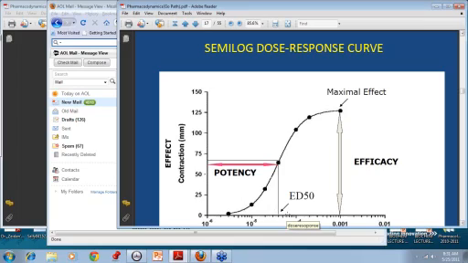And in this manner, you can compare ED50 for more than one drug, right? By looking at this curve, that's what you want to achieve essentially. Why do you have to go through all of this hassle? Because you want to determine the therapeutic preparation of drugs that will reflect the potency. So this is a very important aspect to understand and to appreciate.